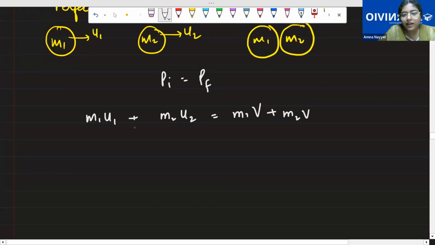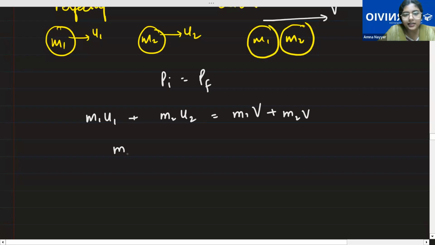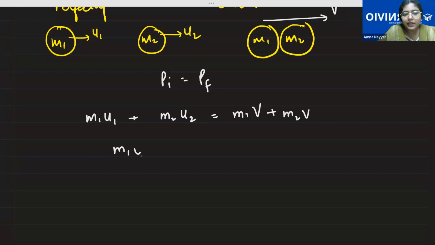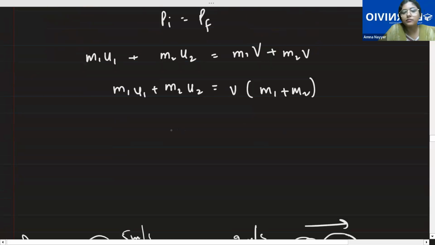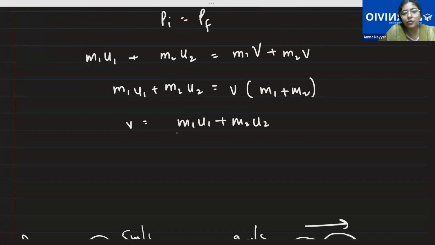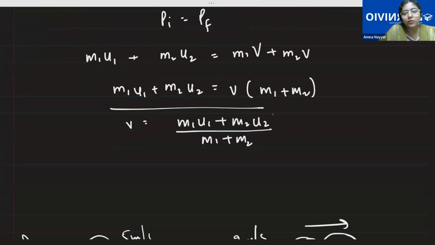Taking v common, this becomes m1 plus m2. So v is equal to m1u1 plus m2u2 divided by m1 plus m2.